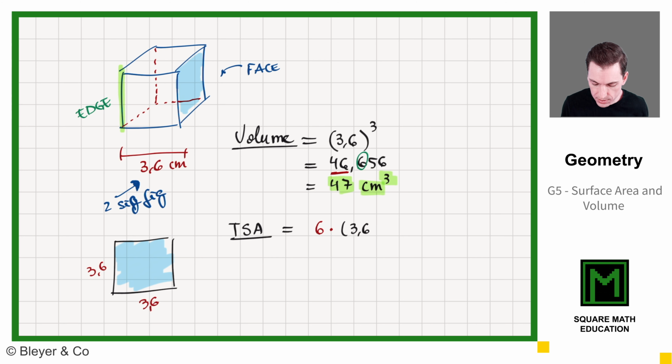So 3.6 squared. According to the order of operations, we calculate the exponent first. So it's going to be 6 times 3.6 squared, which is 12.96.